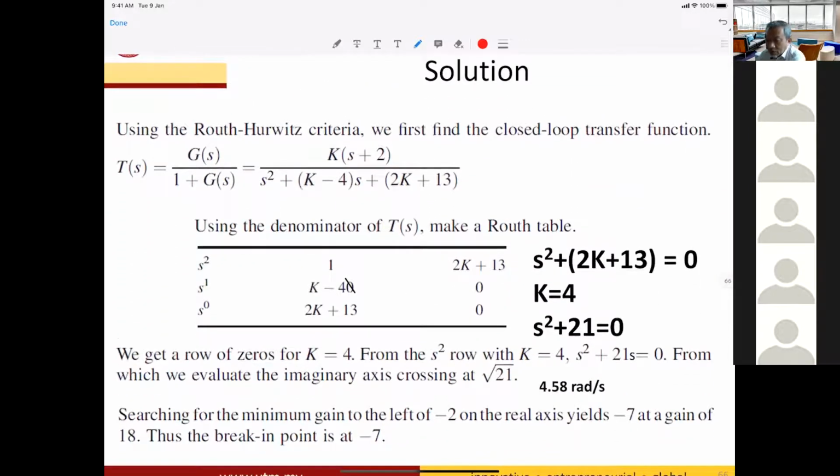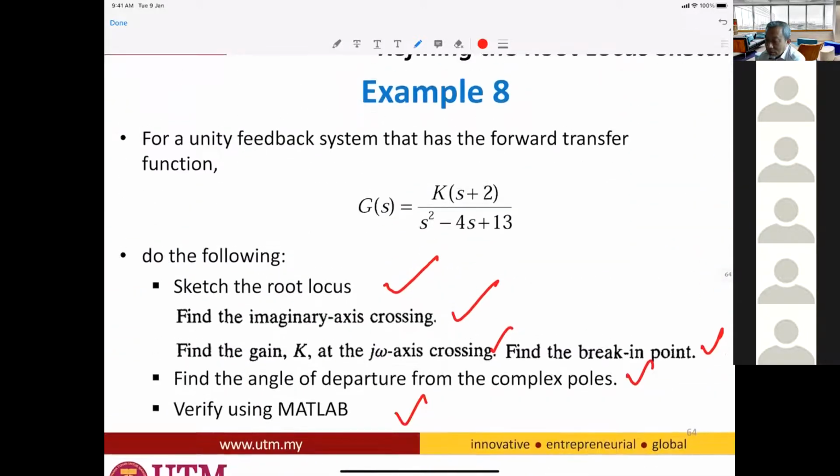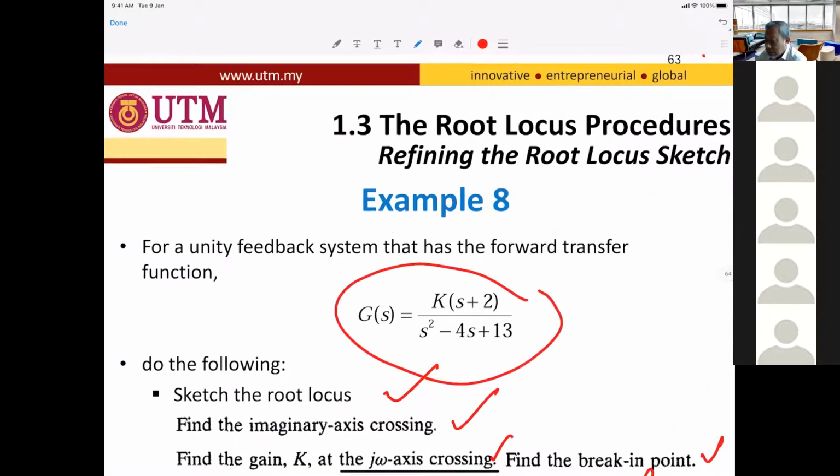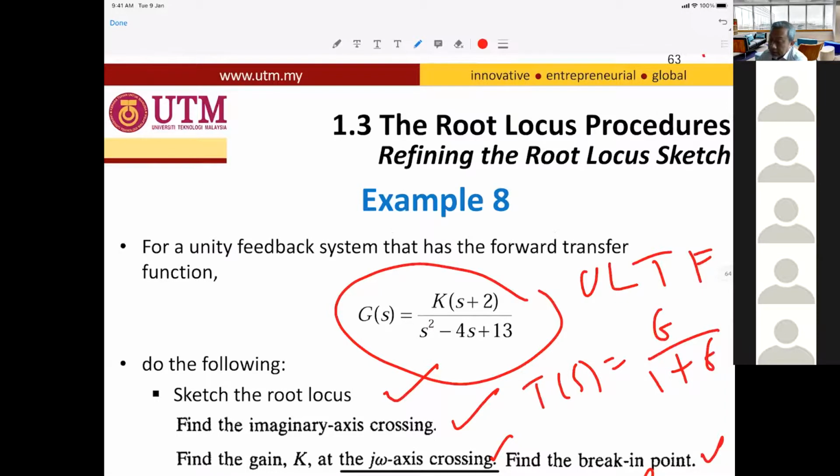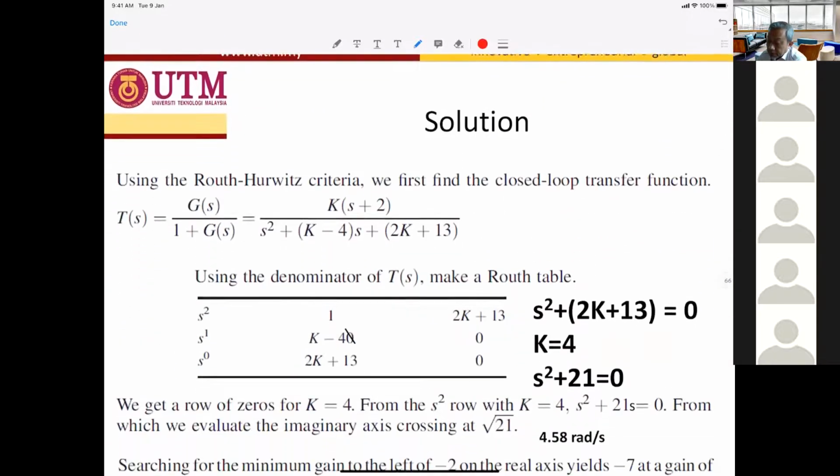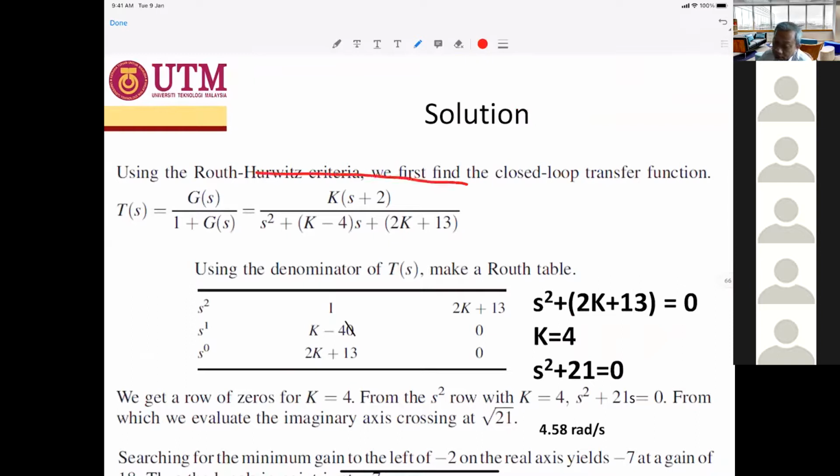Using the Routh-Hurwitz criterion, first we find the closed loop transfer function from the open loop. This is your open loop transfer function. Then from the open loop, we find the closed loop, which is G over 1 plus G, and we obtain these equations.